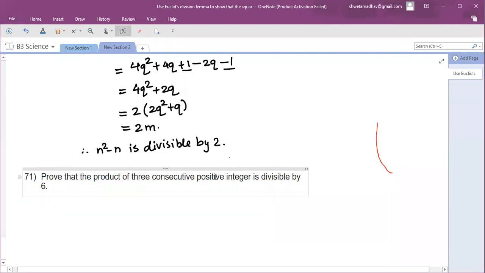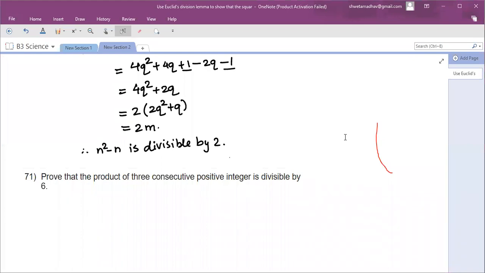Prove that the product of three consecutive positive integers is divisible by 6. What is the meaning of any three consecutive positive integers? Tell me any three. 1, 2, 3. 1 into 2 into 3. Is the product of these three divisible by 6?